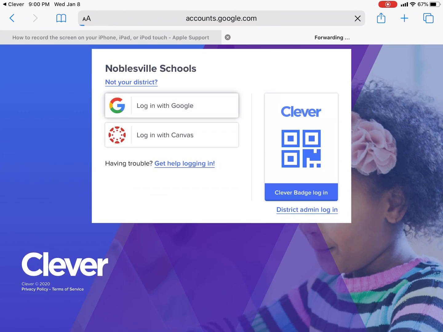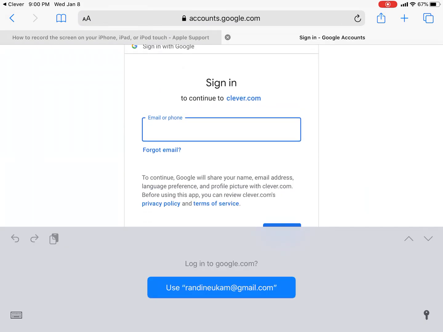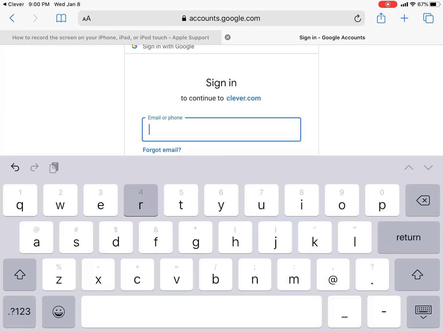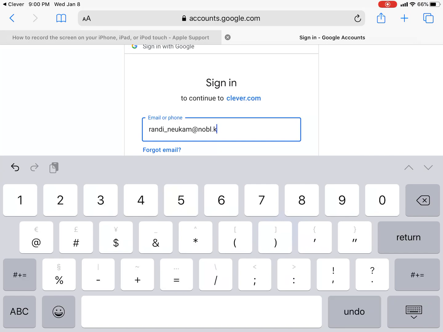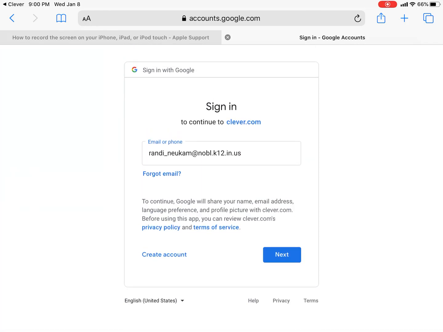You are going to log in with Google. And you are going to sign in with your school email address. Sorry, mine's asking for my personal email address. So you're going to sign in with your school email address. So go ahead and do that. Make sure it's correct.